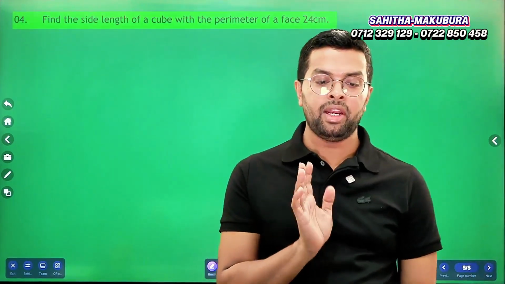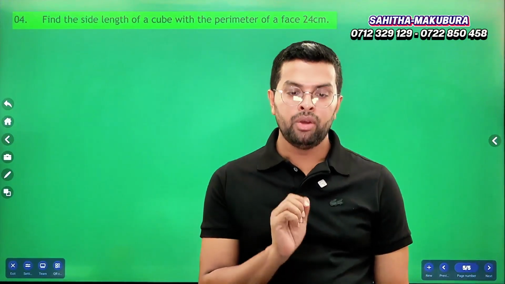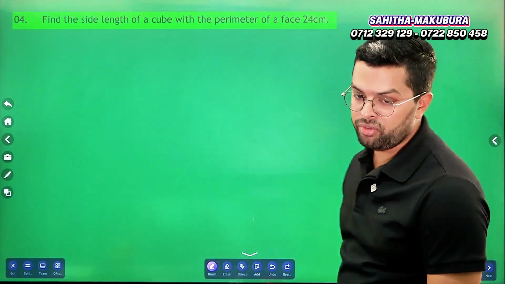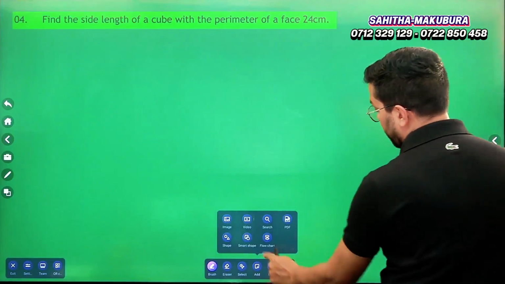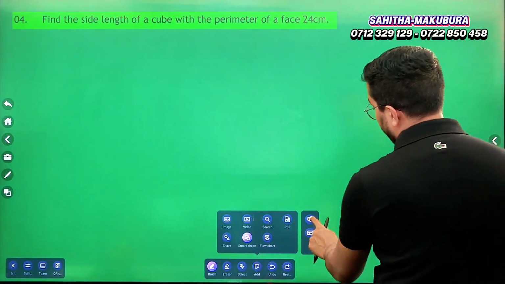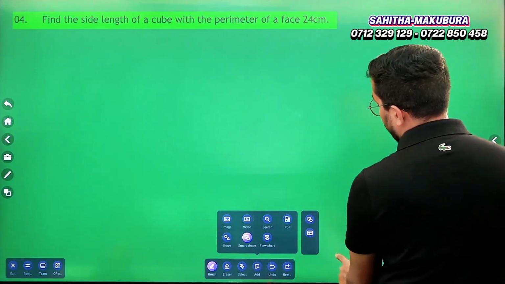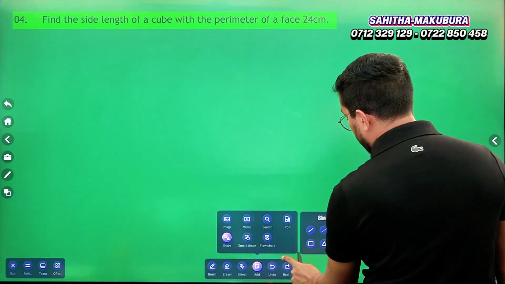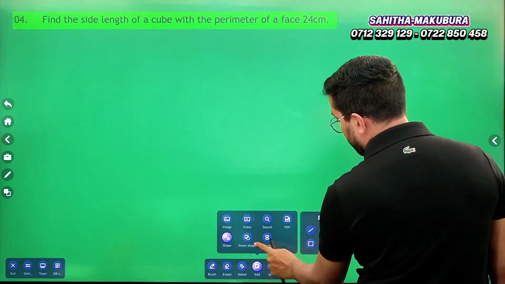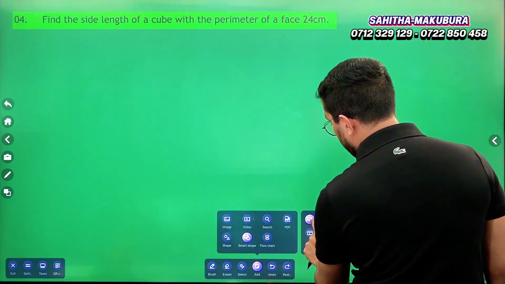Find the side length of a cube with the perimeter of a face 24 centimeters. We need to draw a cube. So let's quickly draw a cube.